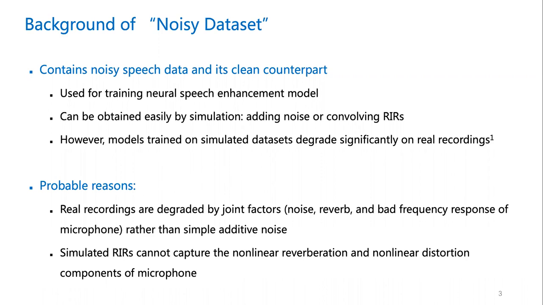First, the real recordings are usually degraded by multiple joint factors, including not only noise but also reverberation and bad response of the microphone device. Also, the simulated long impulse response cannot fully capture the nonlinear reverberation components or the nonlinear distortion components of the microphone device.